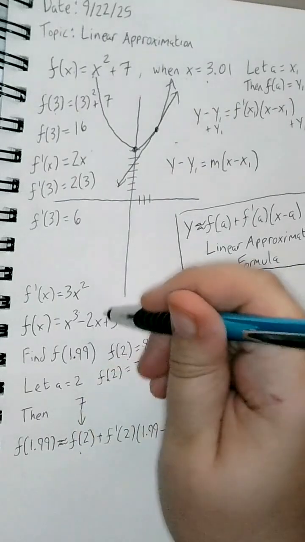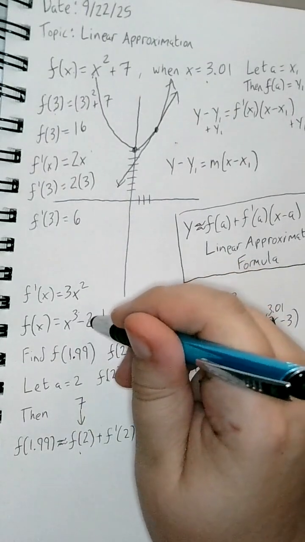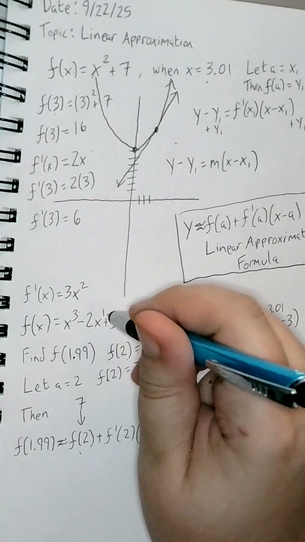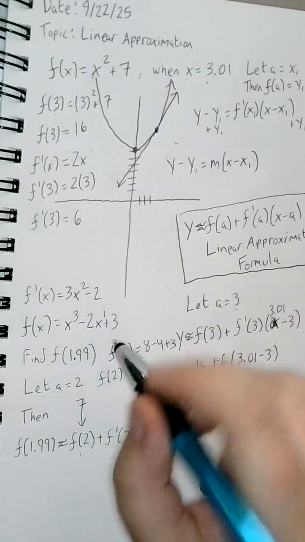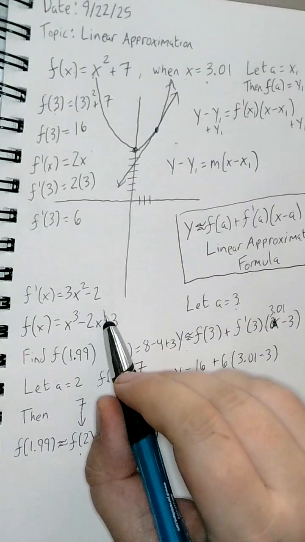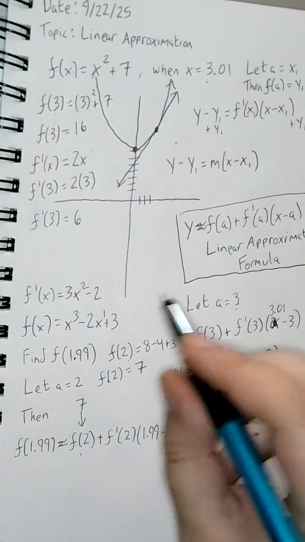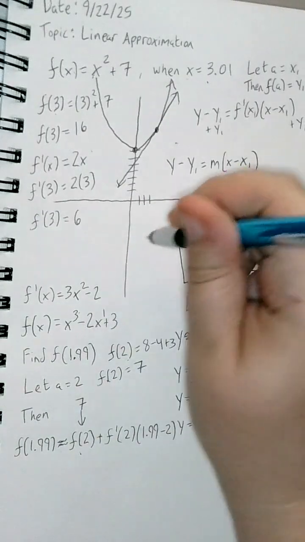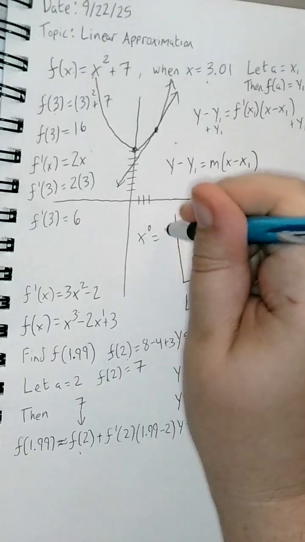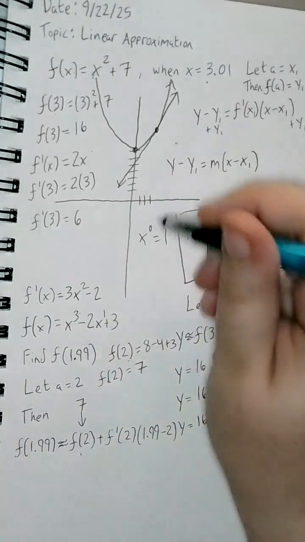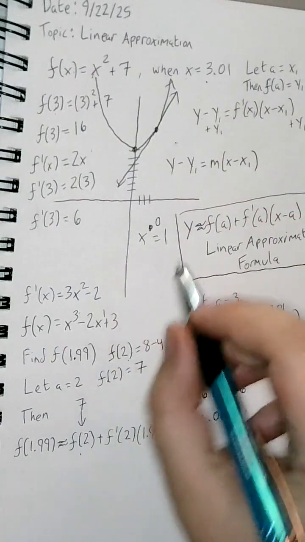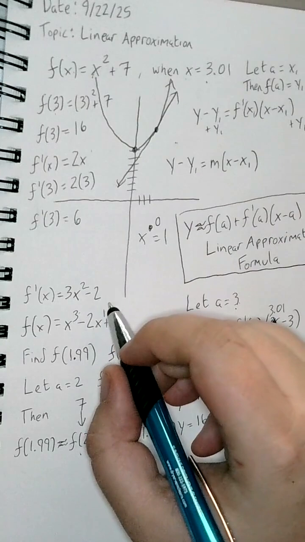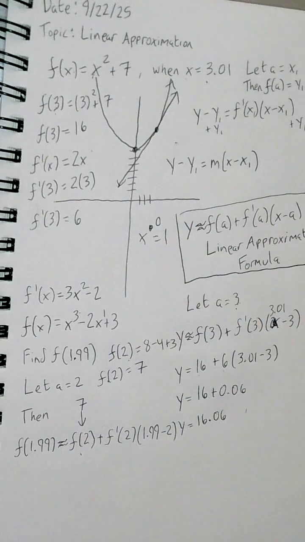So I'm going to take my 1, move it out front. 1 times negative 2 gives me negative 2. And then I have x to the 1 minus 1, which is 0. And remember that x to the 0 is equal to 1, so long as x doesn't equal 0 itself. So here, instead of writing negative 2 times 1, I can just write it as negative 2.